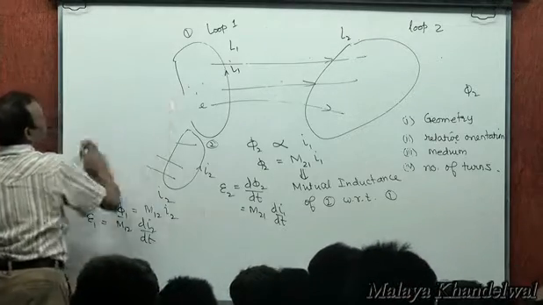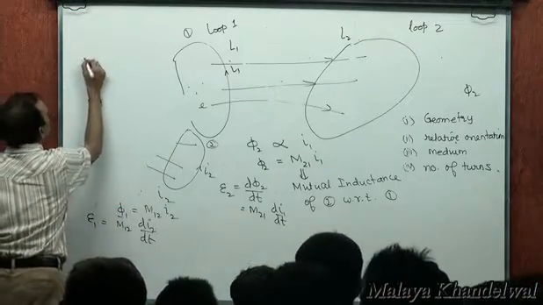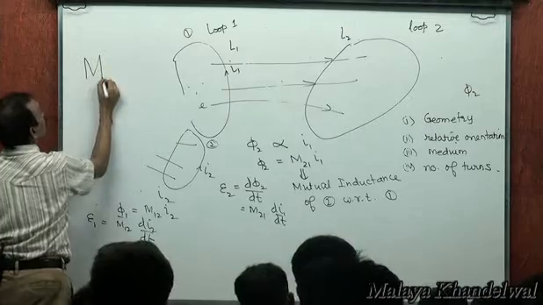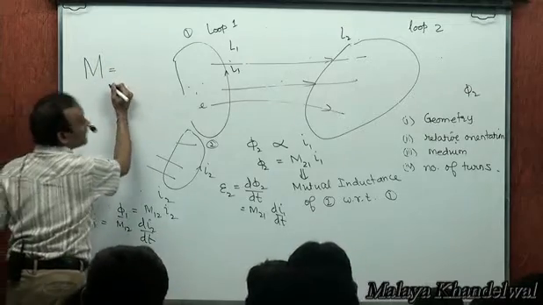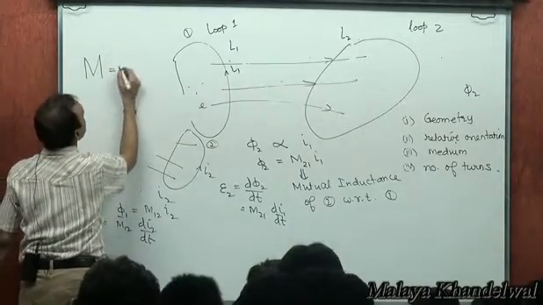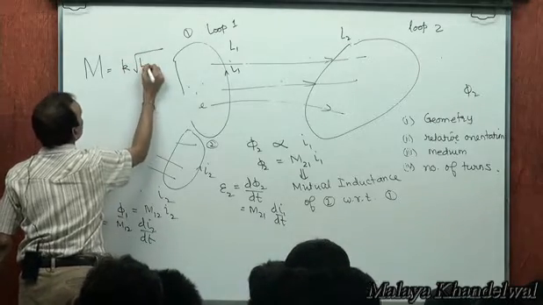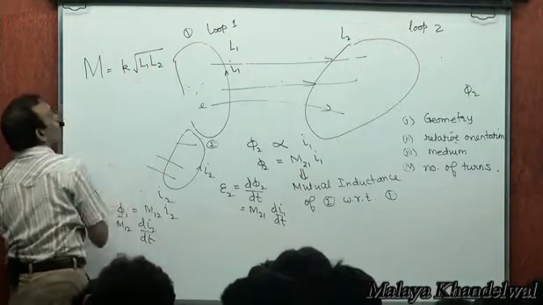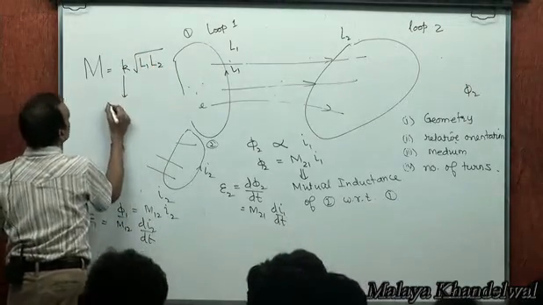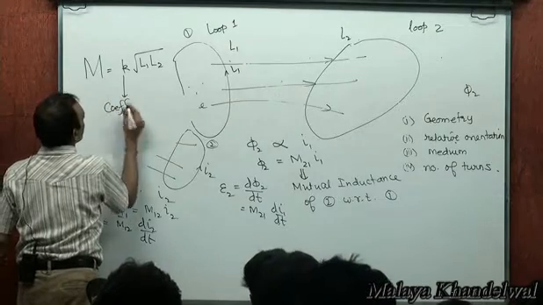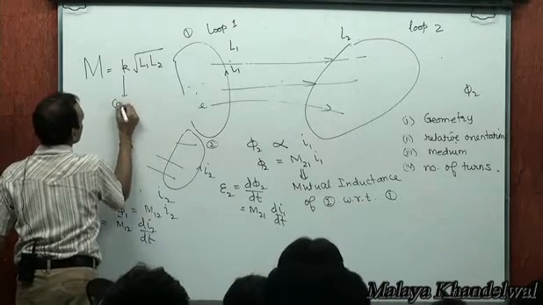Again, not that I am going to use this result, but let me tell you that M is actually related to L1 and L2, their self-inductances, as some K times root L1 L2, where K is called the coupling constant.